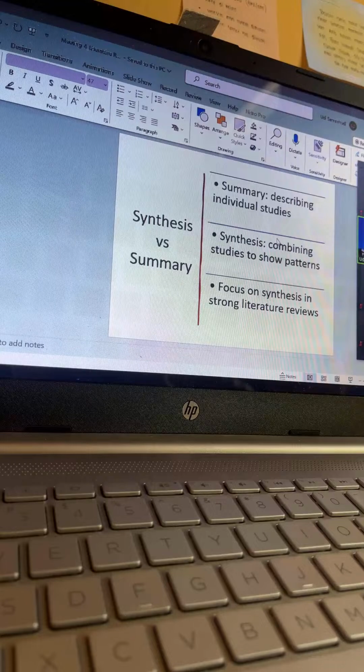All right. So we have the synthesis versus summary. So in the literature review, basically you do both summarizing and synthesizing. What we mean by summary is that you summarize the theories that are used in your study.